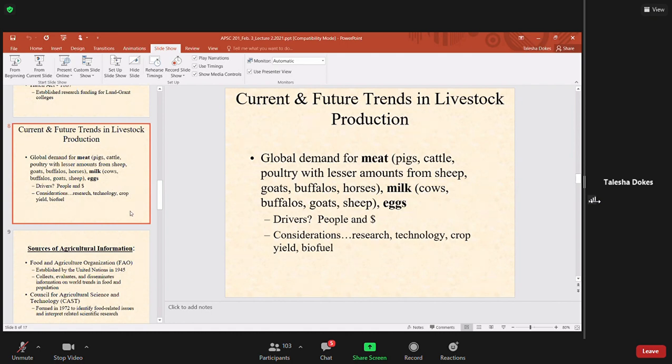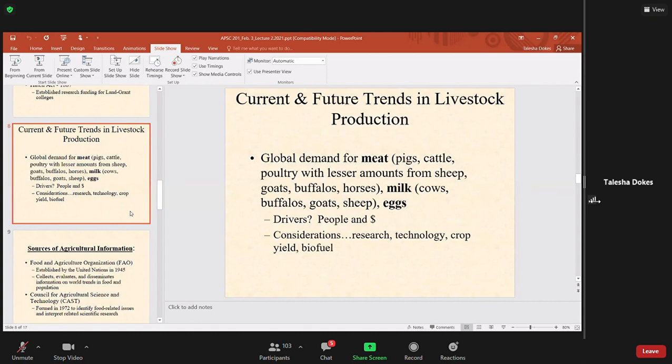So what are some of the drivers? Like I mentioned, the drivers of this increase are the people and the money going into agricultural research, and more research for healthier, more sustainable production, keeping up with the demand and serving our people.